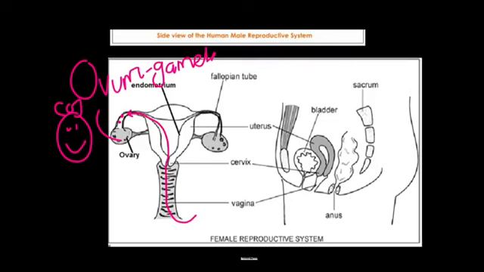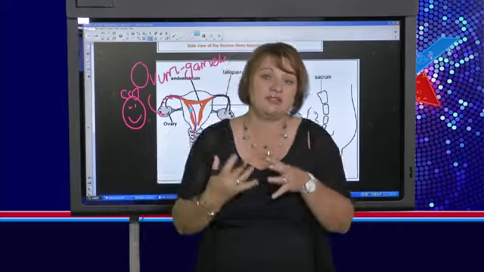Once fertilization occurs, the woman has, let me use orange, this special structure called the uterus, which has this lining called the endometrium, which fills with blood. Because if we fill it with blood, what does blood do? Blood is life-giving. It carries nutrients, it carries oxygen.